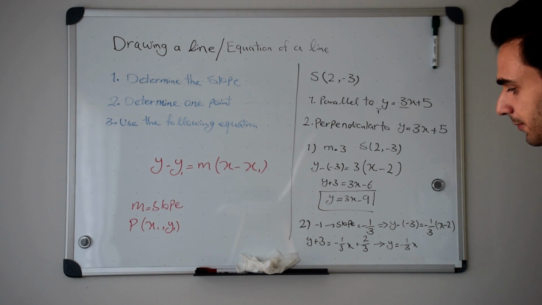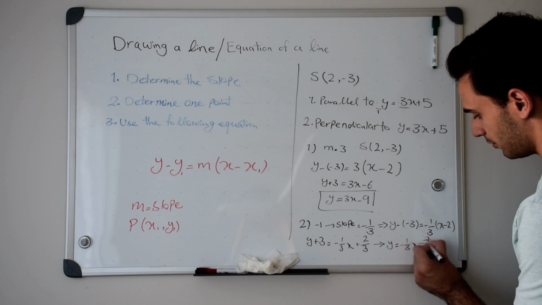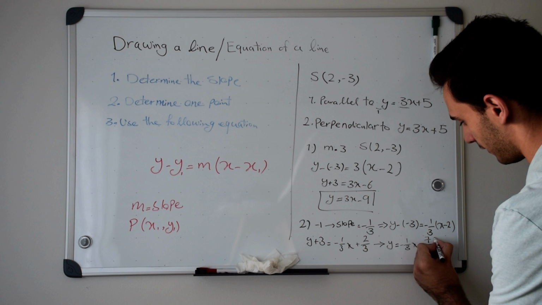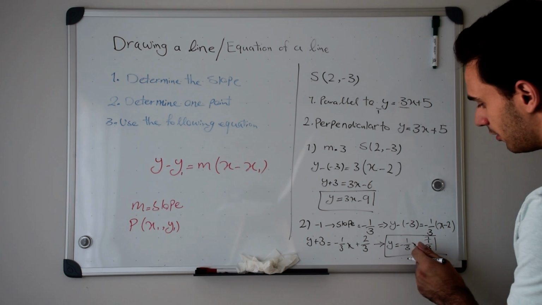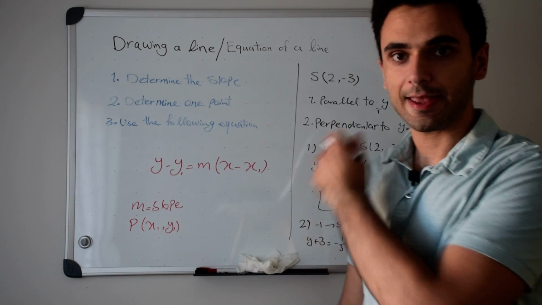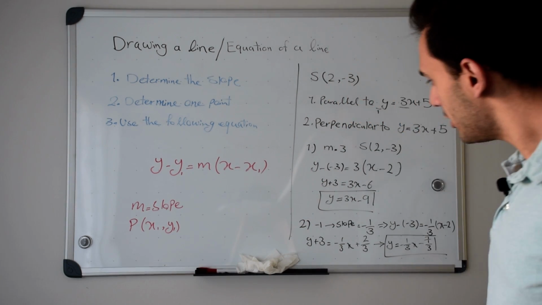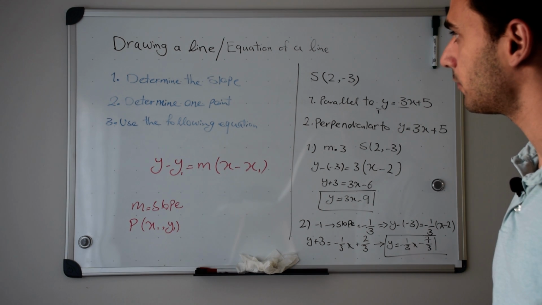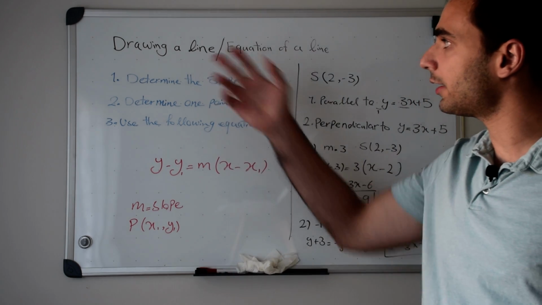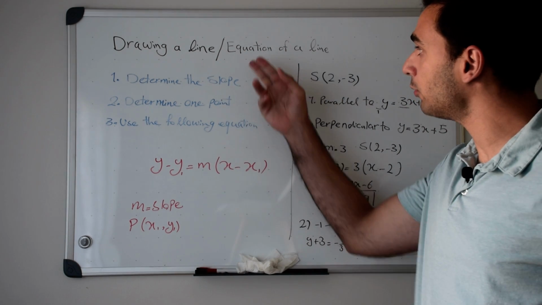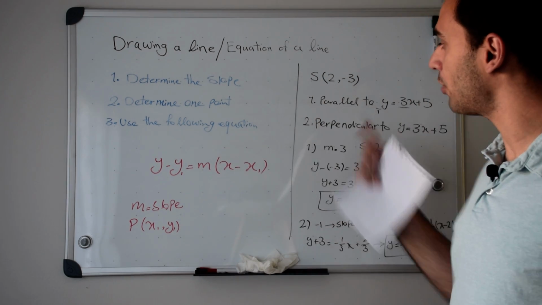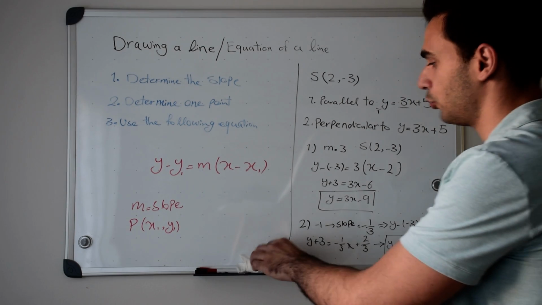What will be the answer? Minus 7 over 3. If you do the calculation, that's what you will get. And this is the line that is perpendicular to this line, and it passes through the point S. It's very easy. These are the basics of how to draw a line and how to find the equation of a line when you have the line or you have a point of the line.